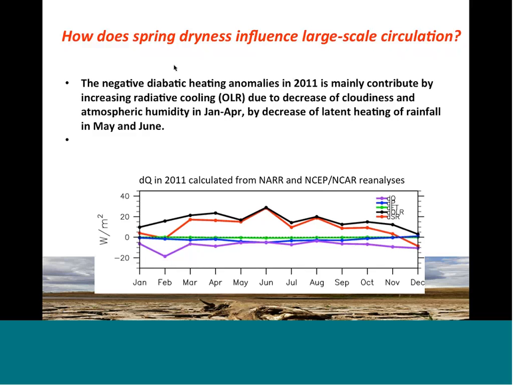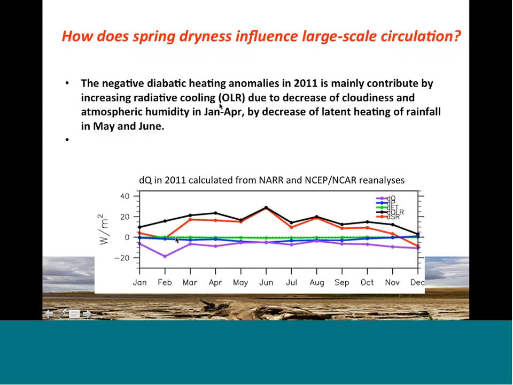And during the drought, the negative diabatic heating anomalies can be contributed both by a decrease of latent heat release due to decreased rainfall, and also by an increase of longwave radiative cooling. And the question is, what is the relative importance between the increase of radiative cooling versus the decrease of latent heating?